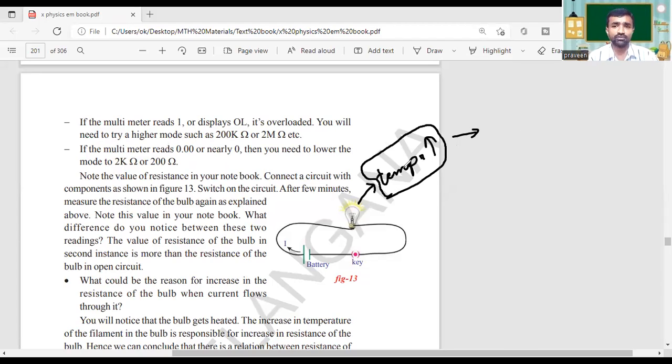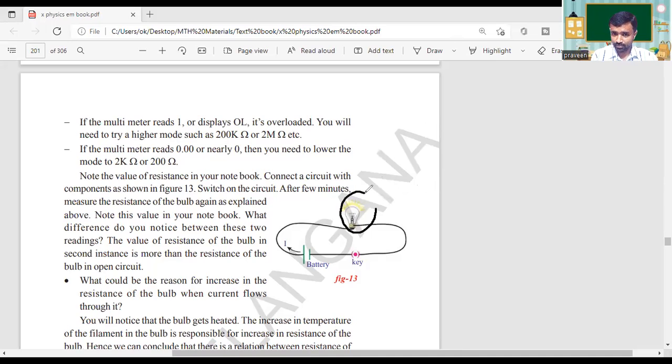LED bulb temperature will remain constant when connected in the circuit, right? So when the current is flowing through an ordinary bulb, its temperature changes, right? Don't use the LED bulb here, use an ordinary bulb, right? So I am using this bulb because of that reason.